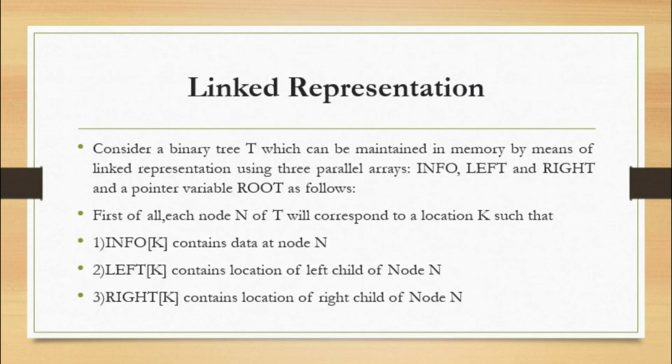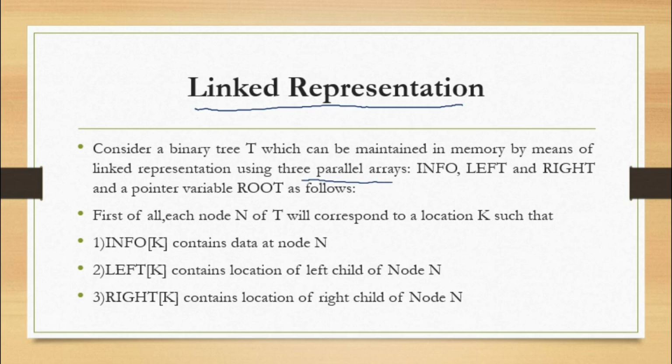Next one is the linked representation. The second type is the linked representation. So let us understand the rules of the linked representation. Consider a binary tree, which is also called a BT. Binary tree T can be maintained in memory by means of linked representation using three parallel arrays.